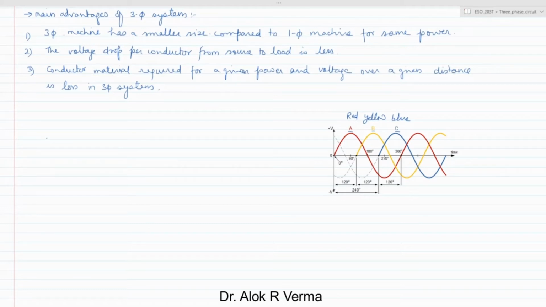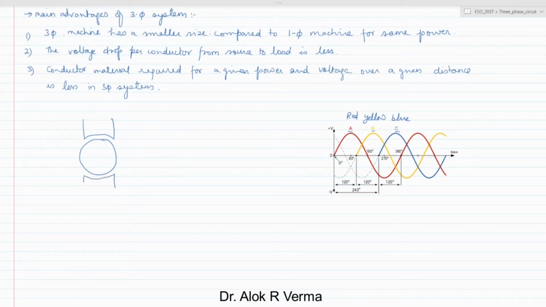How are these phase supplies generated? Basically, when three identical coils are placed with their axes 120 degrees apart from each other. Suppose there is an electrical machine; when we go to the machine section, we'll discuss it in detail. For the time being, consider something rotating as a rotor, and there is a stator, with the magnets.